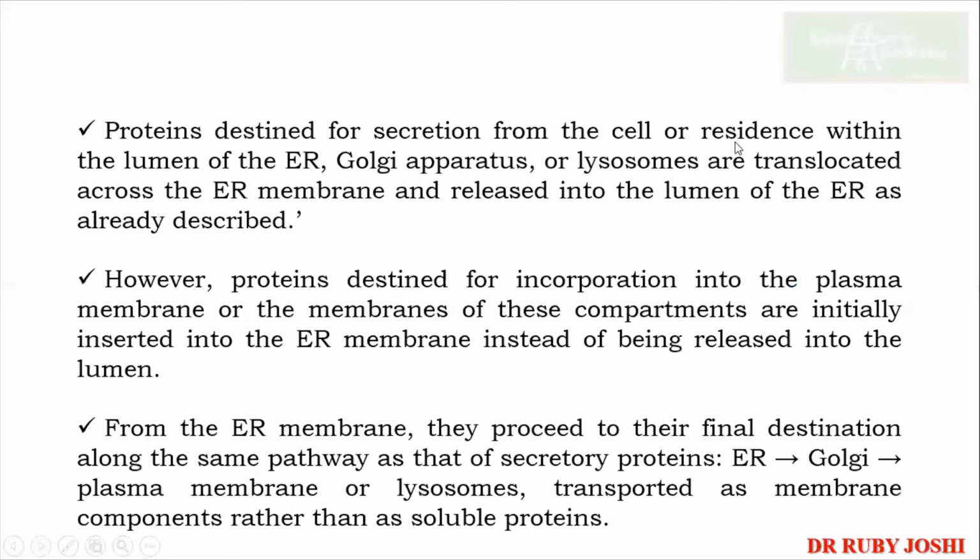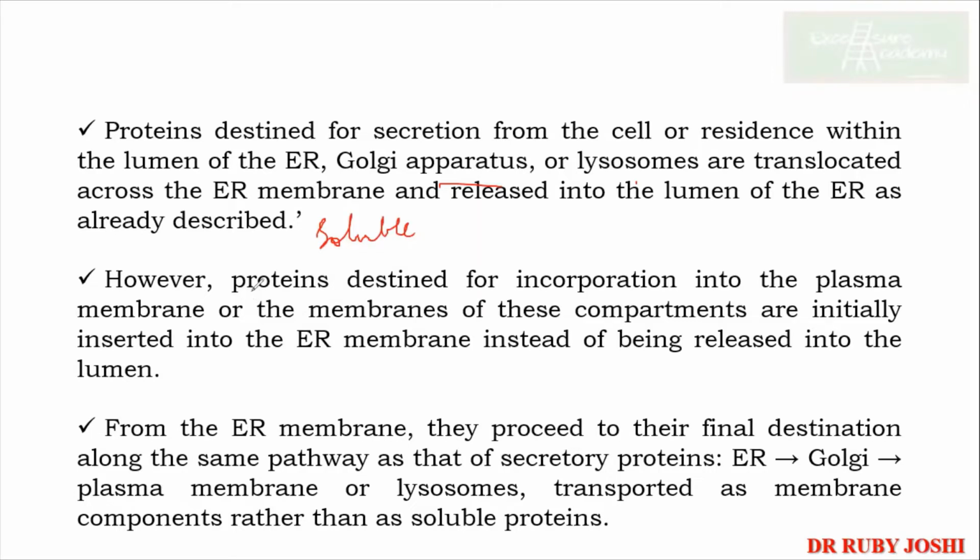Okay, so as we already know, the proteins destined for secretion from the cell or residence within the lumen of the ER, so here we are talking about the soluble proteins, in the ER, Golgi, lysosome, are all translocated across the ER membrane and released into the lumen.